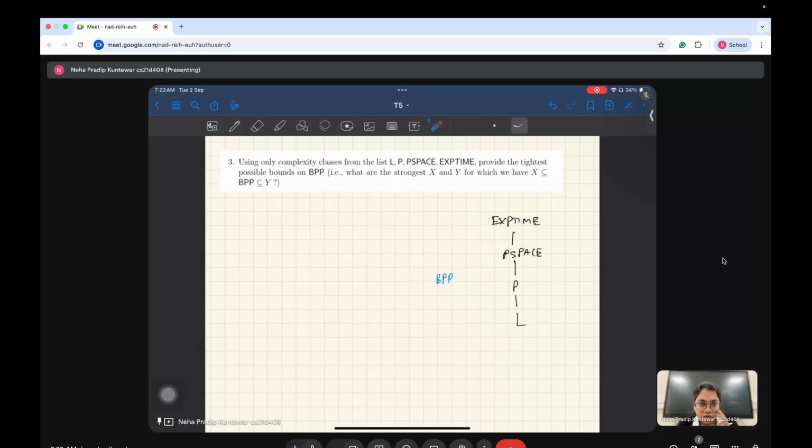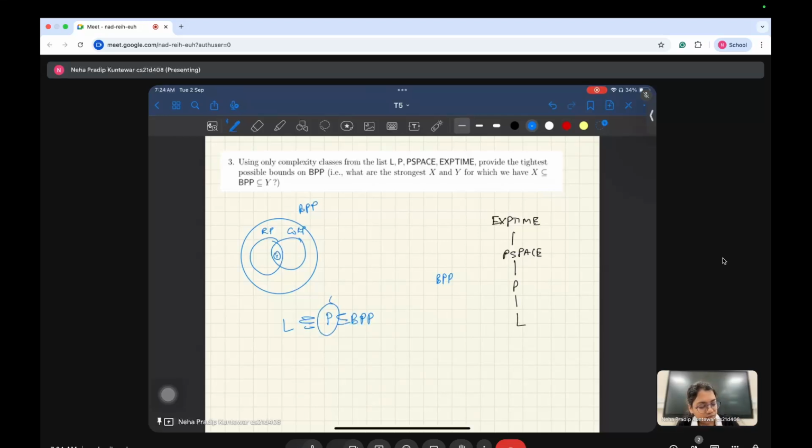Notice that one thing we already saw was that we have BPP here and RP here, co-RP here, and we had P sitting inside this. So we clearly know that P is contained in BPP. Of course, L is contained in P, but we want the tightest bound that we can give, so that is P in this case.